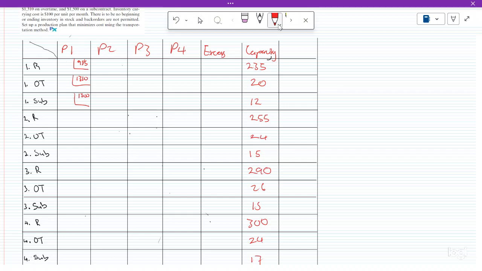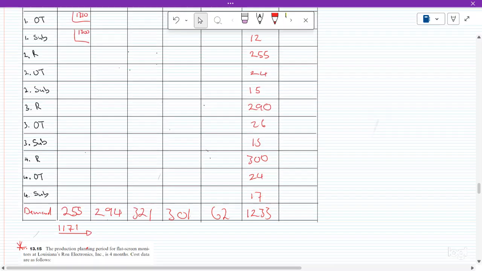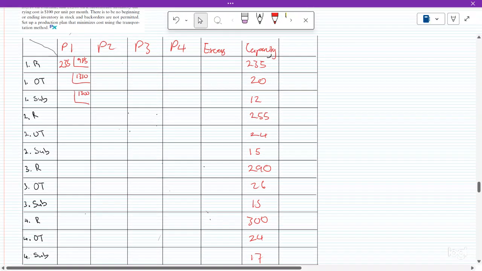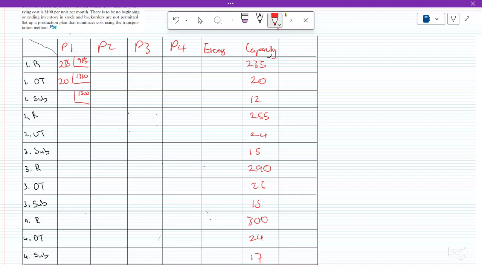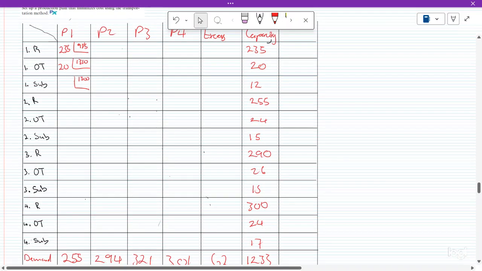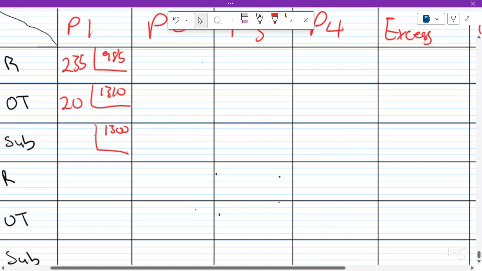So now, which one is the least here? We have 900 as the least, and it has 235 units in it, and what is actually required is 255. So the second is 20. 1310, and then the other one is 1500.